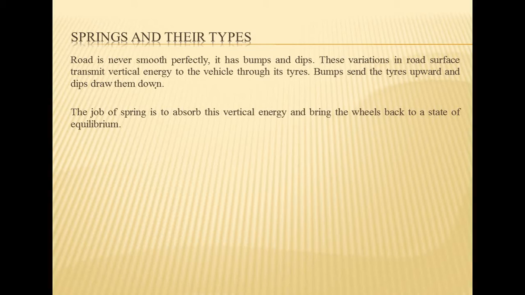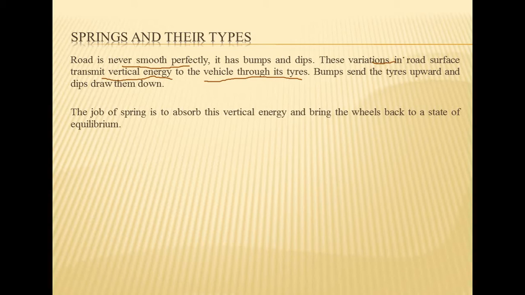Generally, the road is never perfectly smooth. It always has bumps, potholes, dips. So due to these variations, the road surface transmits vertical energy to the vehicle through its tires. It means the vehicle is not capable of releasing its vibration.